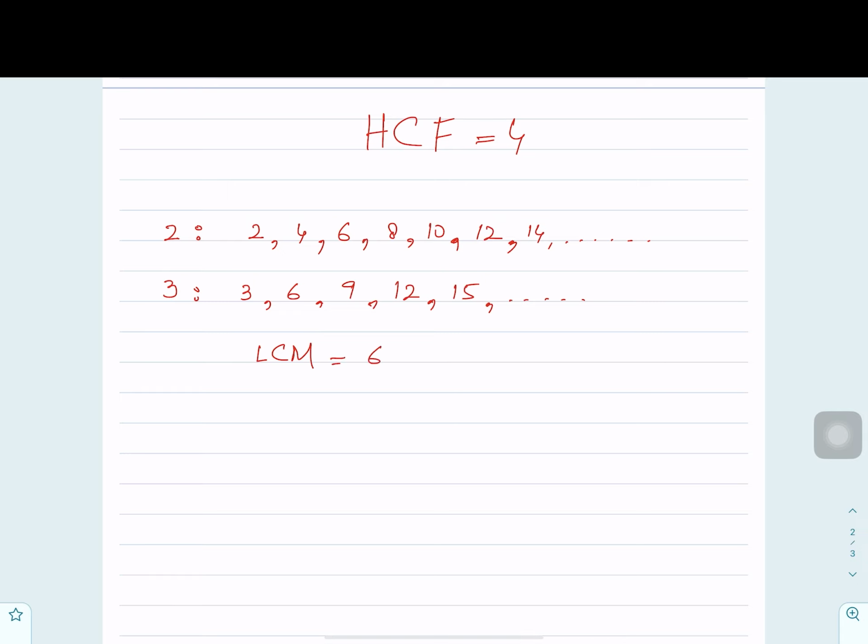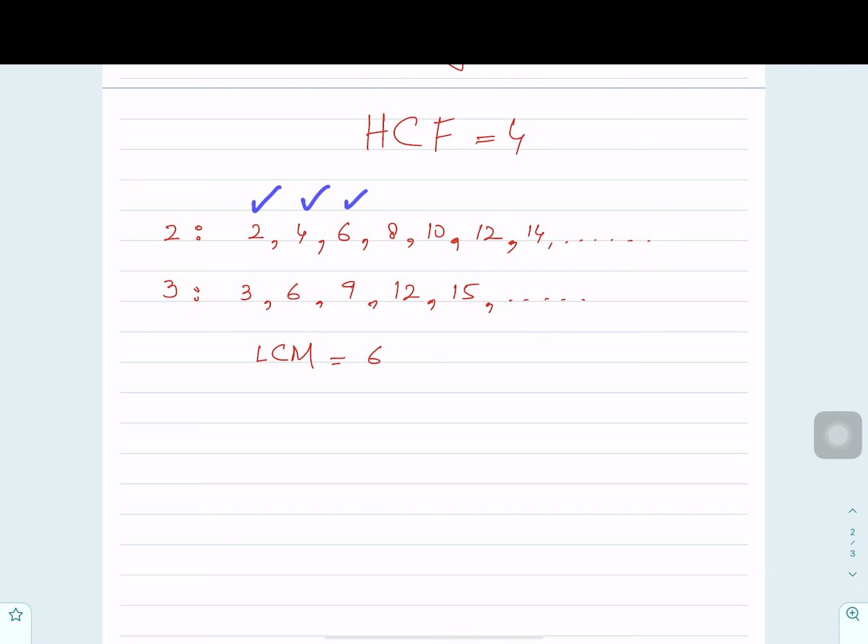So it is 6. So again, let me give you a review. Multiples are basically, you can say this is a table. So you multiply 2 by 2, that is your first, then multiply 2 by 3, that is 6, then you multiply 2 by 4, that is 8, and so on and so forth. And similarly, when your first number is 3, and if I ask you to find its multiple, so basically you will keep multiplying.